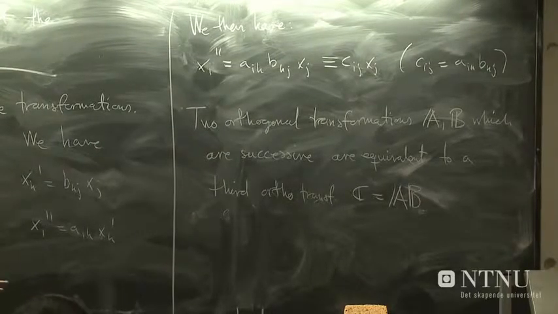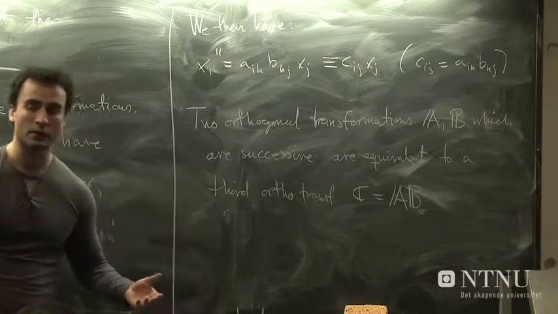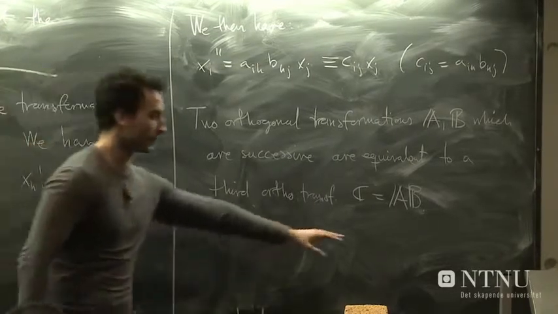So two orthogonal transformations in succession are equivalent to a third one, given like this.